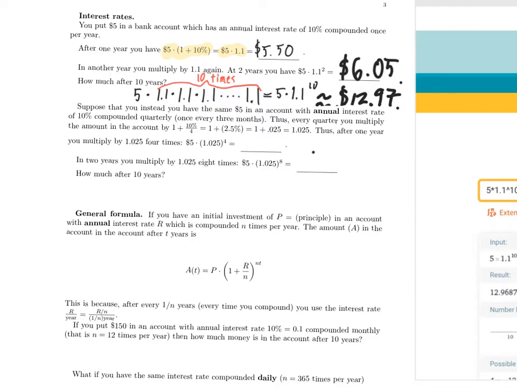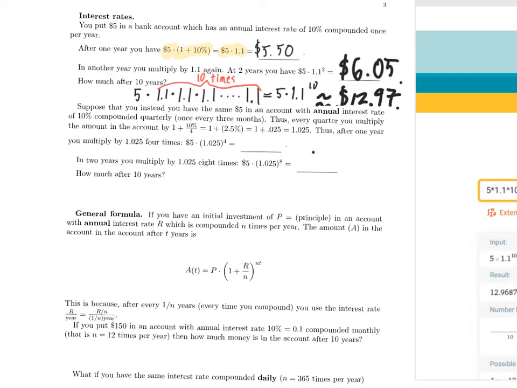That's not the only type of interest-bearing account there is. Let's suppose you put the same $5 into an account that has an annual interest rate of 10%, but it compounds quarterly, so 4 times per year, or once every 3 months. What does that mean?